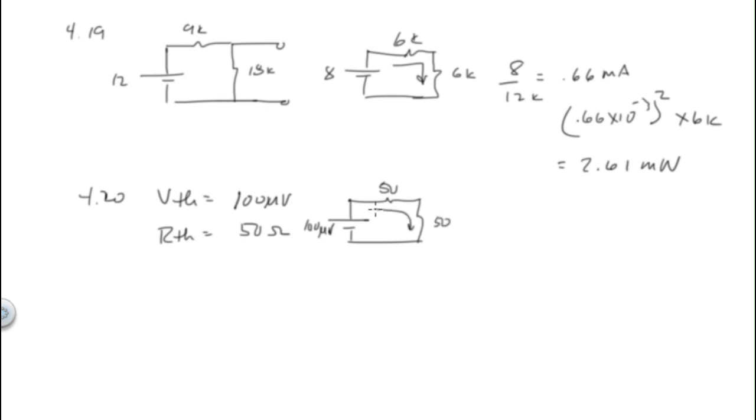So we now find I. It's 100 microvolts divided by 100 ohms, or 1 microamp. Okay, so I squared R is 1 times 10 to the minus 6th quantity squared times 50. So it's 0.000001 times 50, or 50 microwatts.